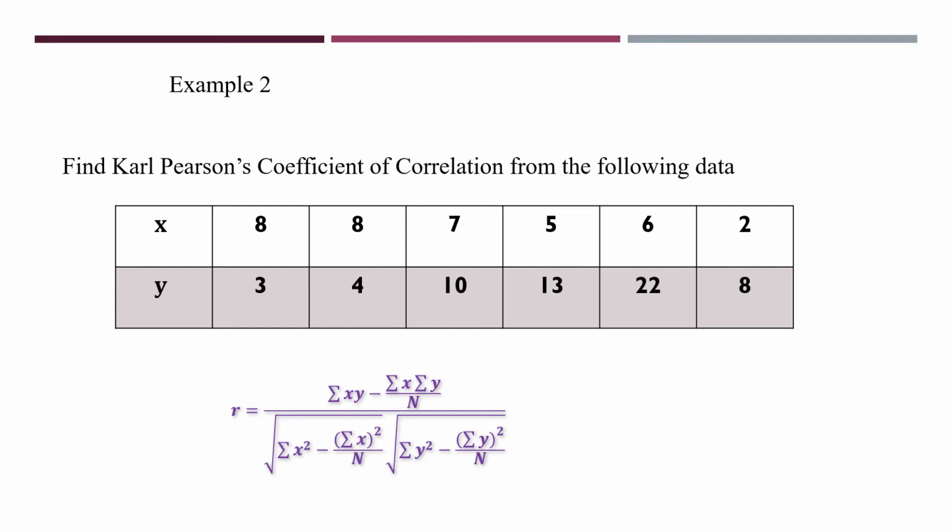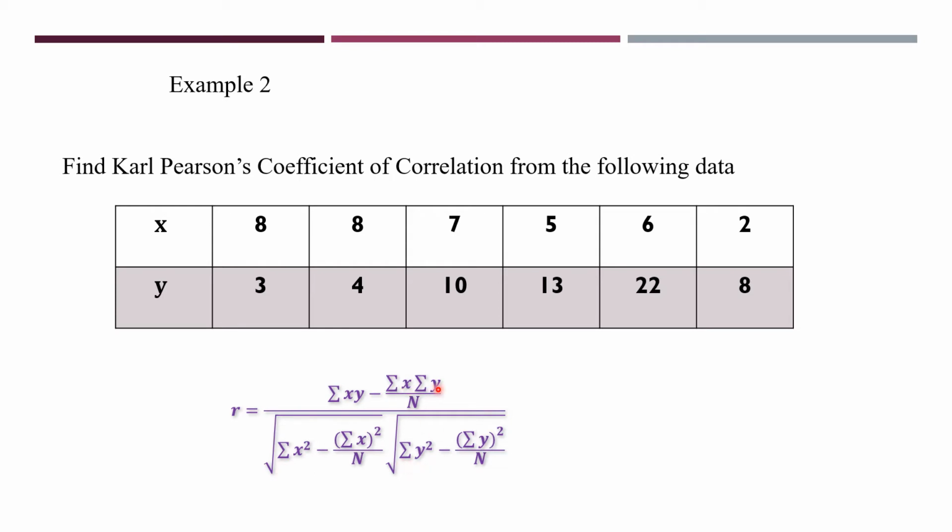Next problem, the same problem using the same direct formula. Karl Pearson's coefficient of correlation from the following data. Again, you are given x data and y data. So 1, 2, 3, 4, 5, 6. Again, n is equal to 6 here. So again, our aim is to calculate summation x, summation y, summation xy, summation x square and summation y square.